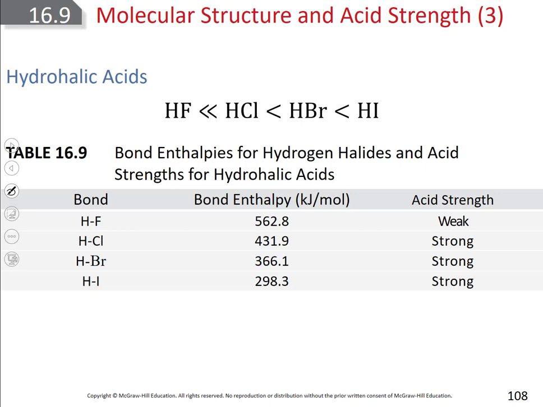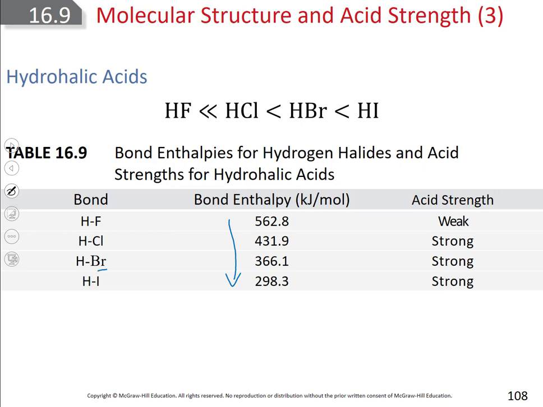So therefore, as you go down and the electronegativity of the halogen weakens, the bond enthalpy, which is a measure of the bond strength, remember in chapter 8, the bond enthalpy is how much energy it takes to break the bond, is going to get weaker and weaker, as we can see in the table. As we go down the family and our electronegativity of our halogen goes down, the bond enthalpy also goes down. These hydrogen ions are not going to be held as strongly because the halogen they're bonded to is not as negative.